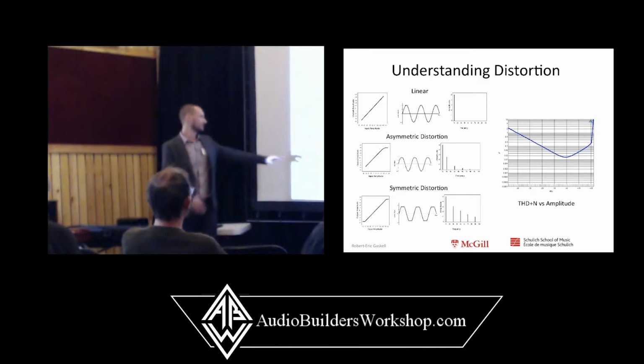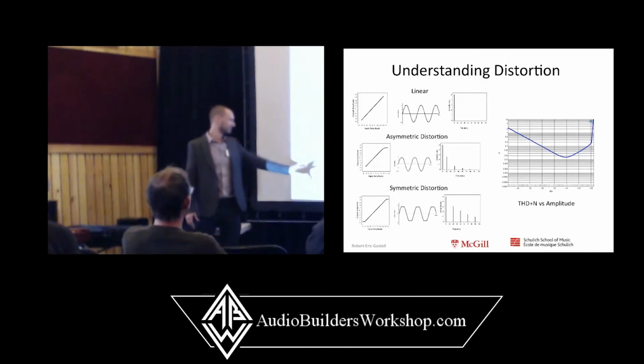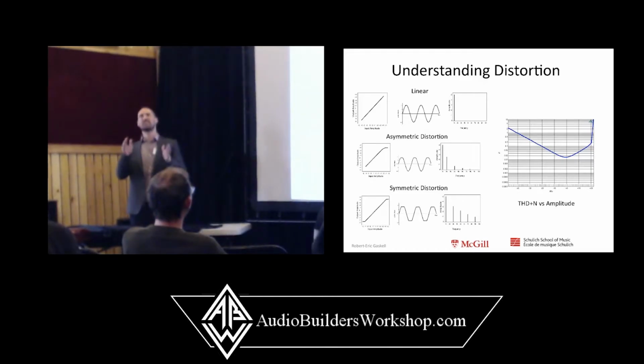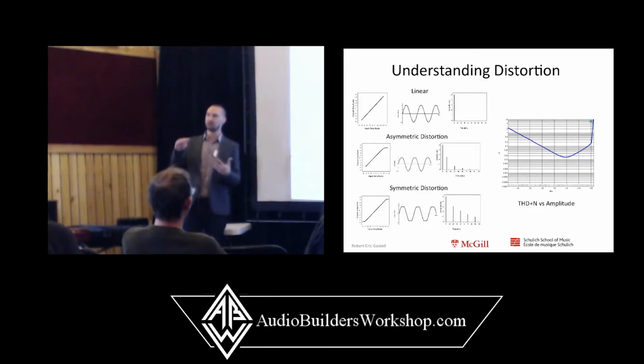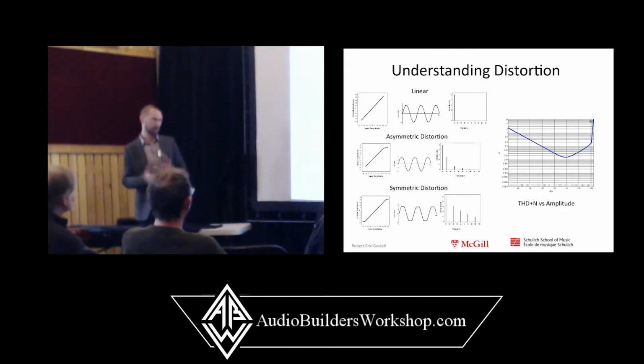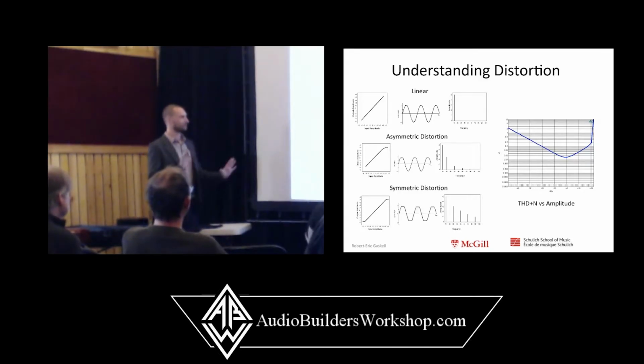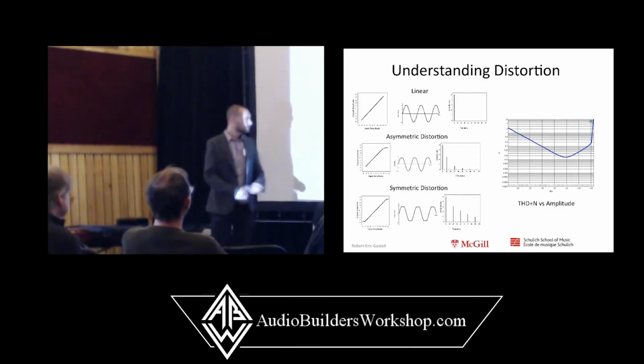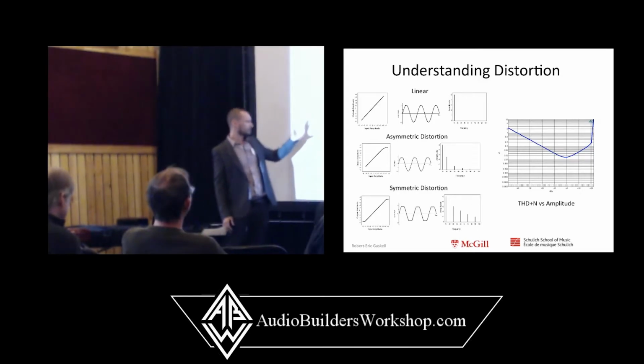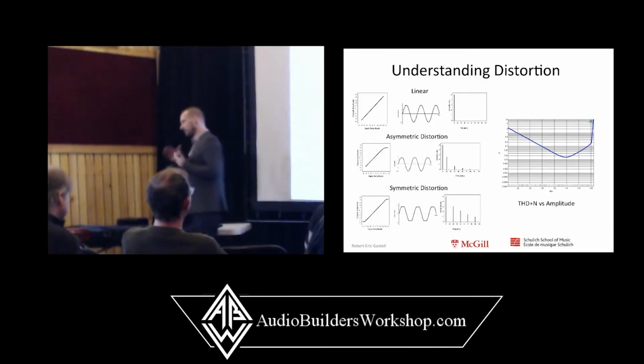But what is true is tubes will tend to give you this sort of softer clipping than transistors will. But transistors will tend to be very linear and then clip all of a sudden, whereas tubes will tend to sort of become nonlinear gradually depending on how the circuit's implemented. I don't want to get too far into tubes because it's outside of my comfort zone.